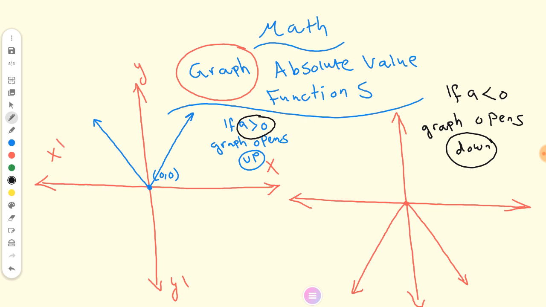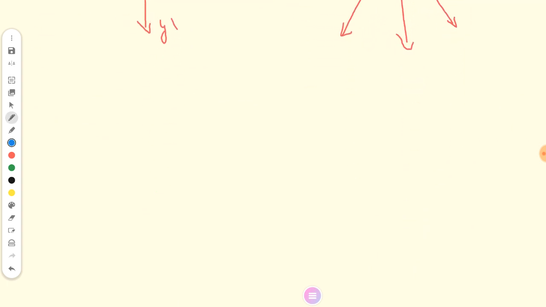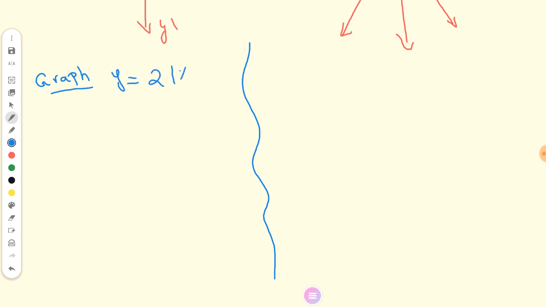Okay, and we will see examples of how we can graph an absolute value function. But to graph the absolute value function, as I said, it's like a V. For example, graph y equals 2 absolute value of x.